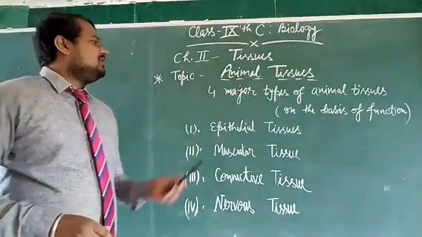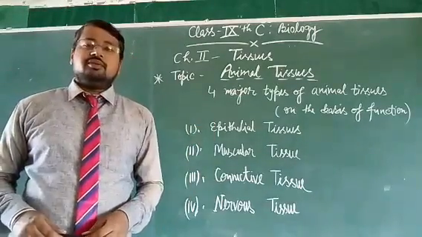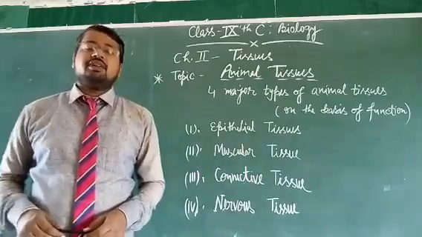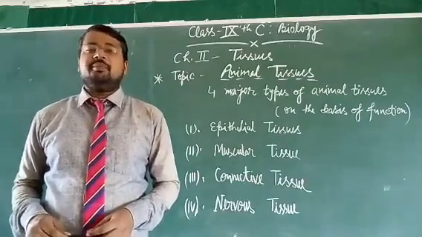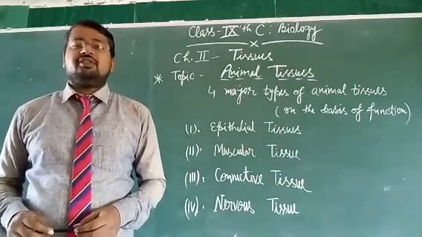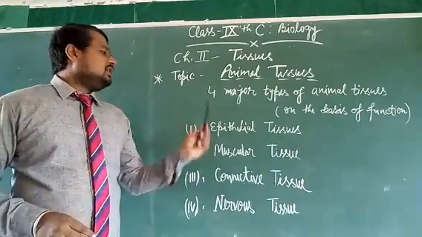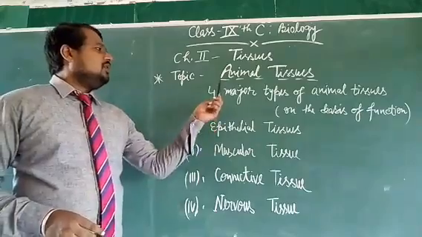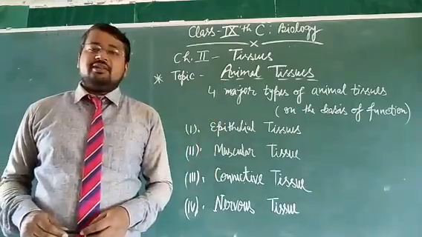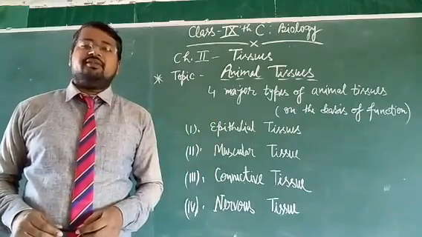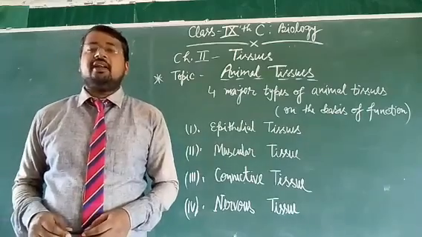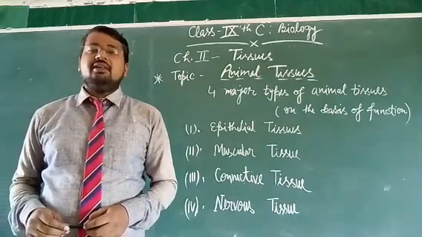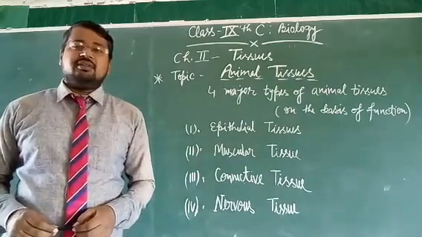Today we will start discussion about animal tissues. So first we need to know what are the major differences between animal and plant tissues, on which ground the further classification is based. The main point that comes to our mind when we compare plant and animal tissues is the complexity of function.